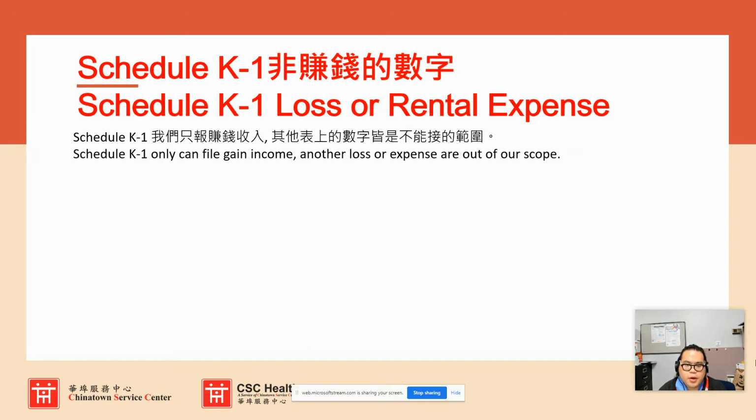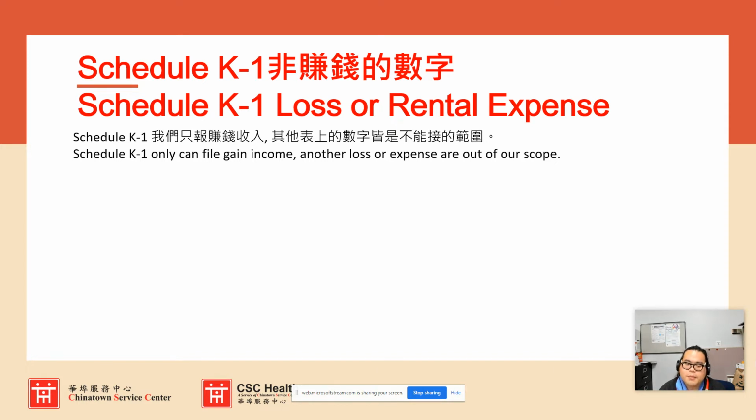So the Schedule K1, normally we can help the person file for gain income. It means if they have income from the K1, they earn money. We can file the Schedule K1 for the taxpayer.